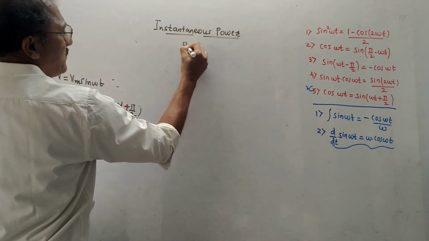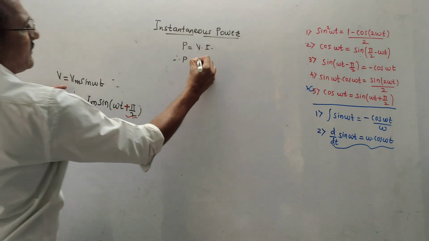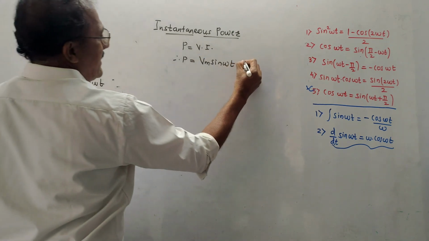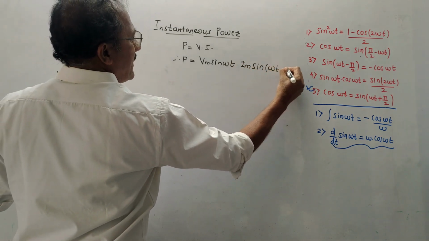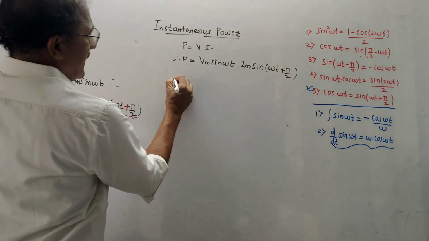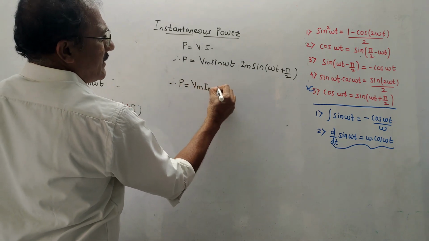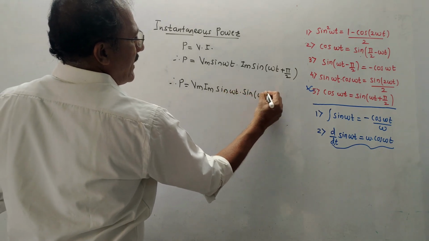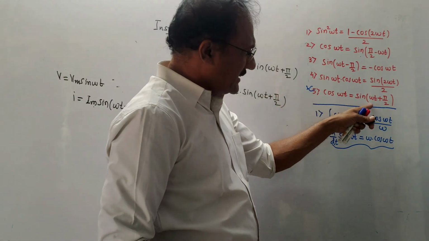We know that power P is equal to V into I. Put the values there: P is equal to V, which is Vm sine omega t, into I, which is Im sine omega t plus pi by 2. So this can be written as P is equal to Vm Im sine omega t into sine omega t plus pi by 2.